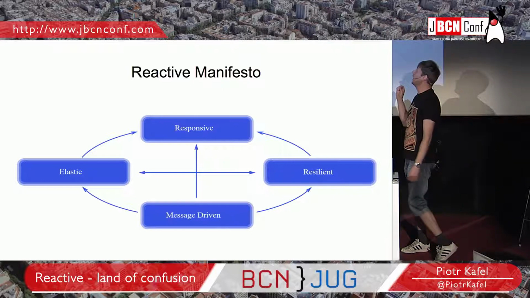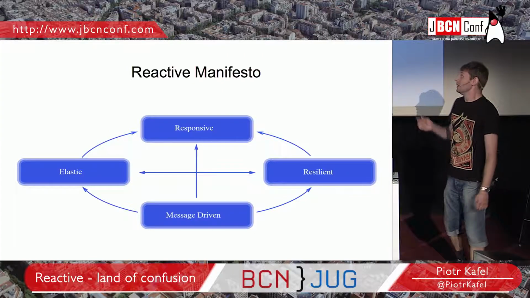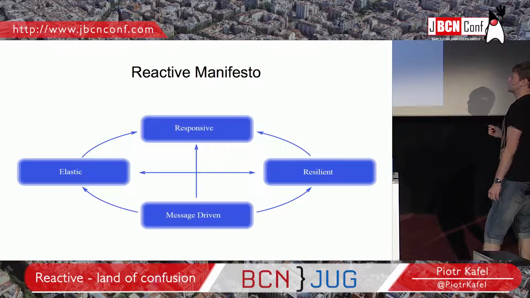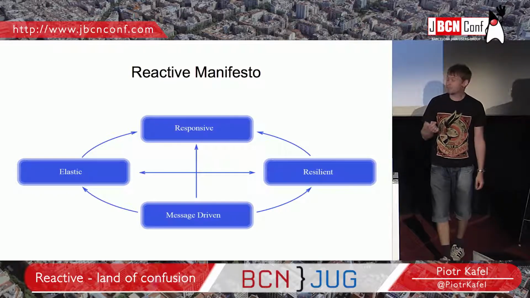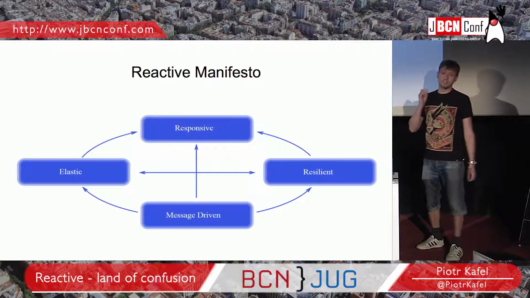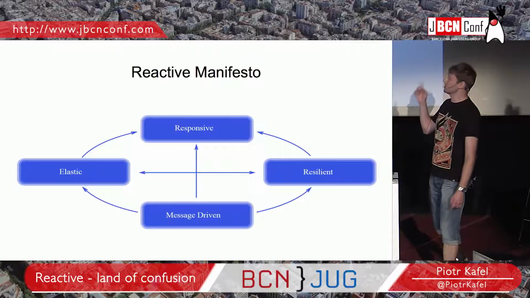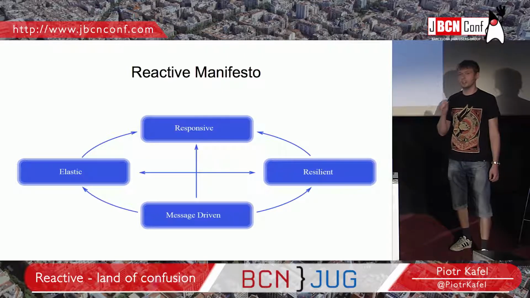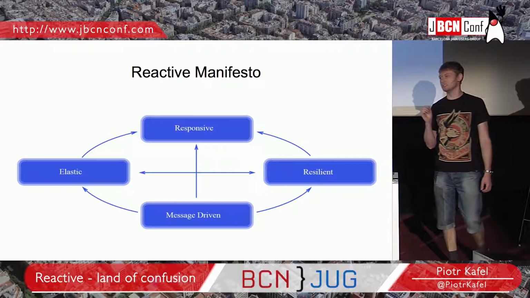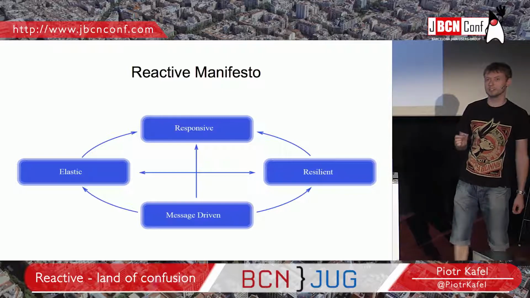Okay, so how does such a reactive system look like according to the Reactive Manifesto? At the very top, you can see responsiveness, and this is the main goal of a reactive system. In order to have a reactive system, you need to be resilient, which means you need to still be responsive in the face of failure. It doesn't matter if it's a hardware or software failure, you still need to stay responsive.